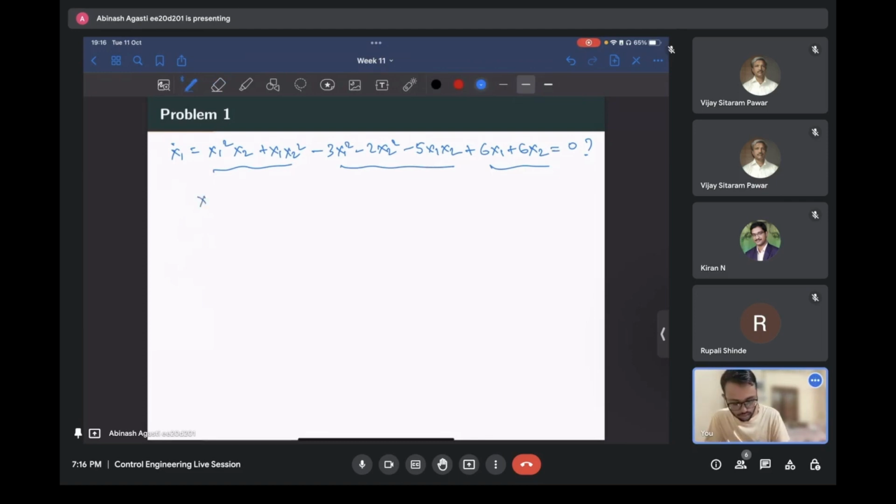So x1, x2 minus 3x1 minus 2x2 plus 6x1. So what is this part? This is x1 square x2 minus 3x1 square minus... okay. So just a minute. Let's try to decompose this thing.